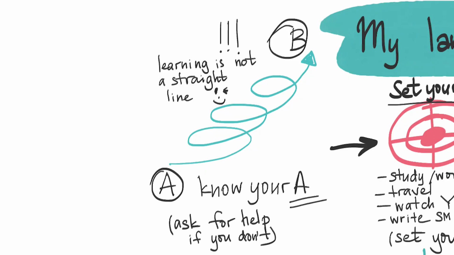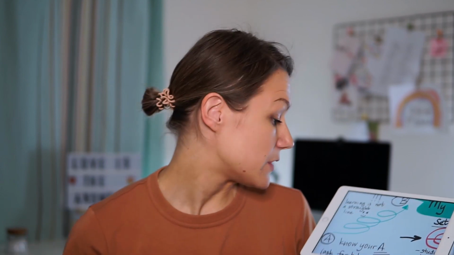I drew a little spiral and 3 exclamation marks just to remind you how important it is to keep in mind that learning is not a linear process. There are always ups and downs, and sometimes you may feel that you are walking in circles doing the same thing, but the truth is you might be approaching similar concepts on different levels.